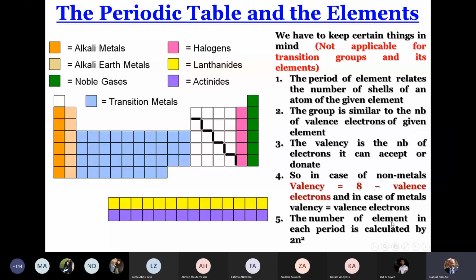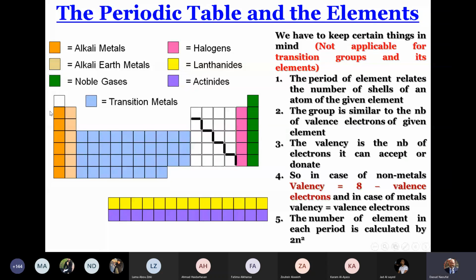The number of elements in a period is calculated by 2n squared. For example, in period 1, we have 2 elements, hydrogen and helium. In level 2, 2 times 2 squared, 4 times 2, 8.